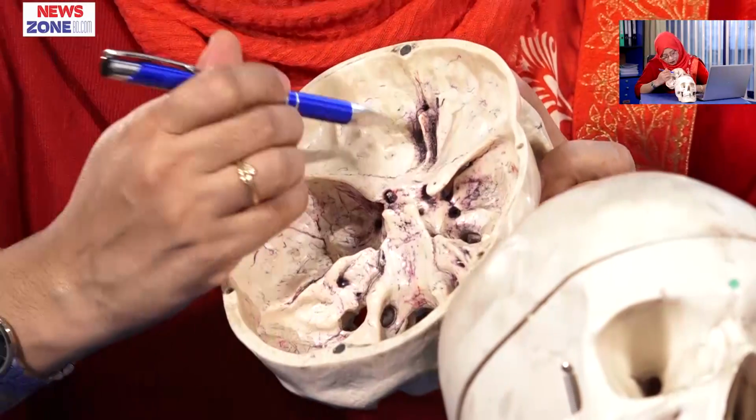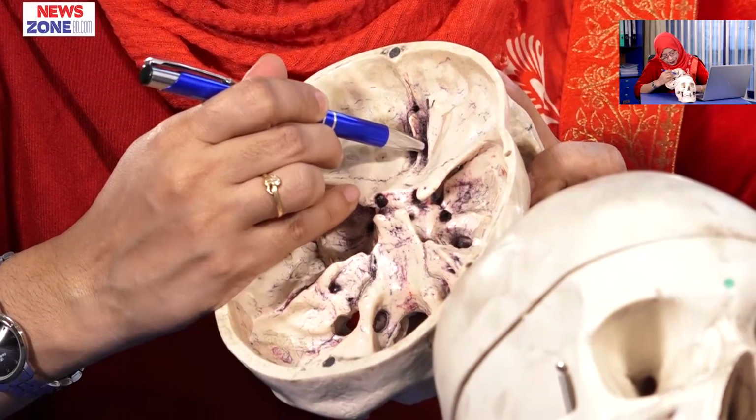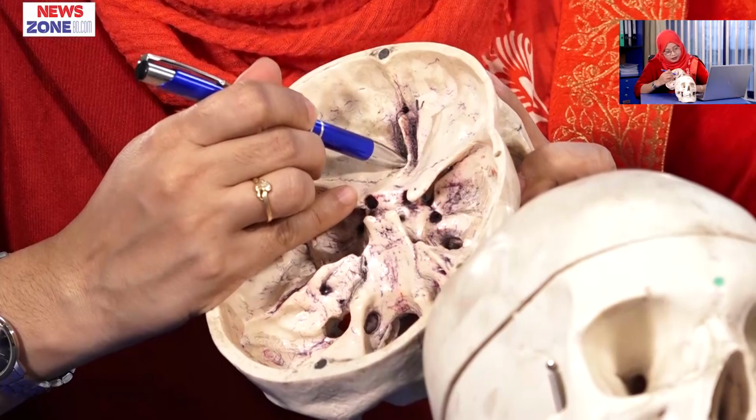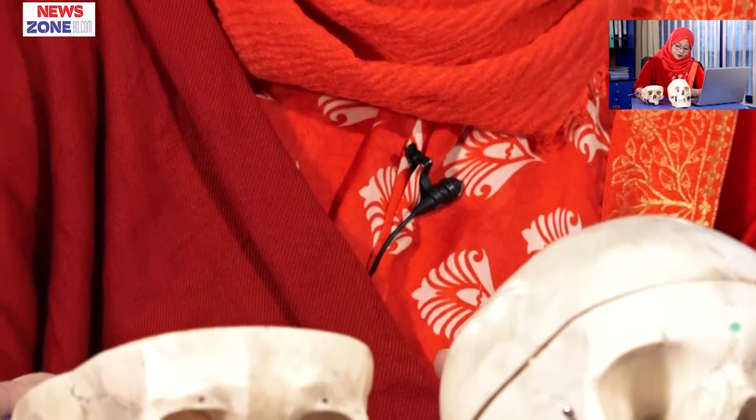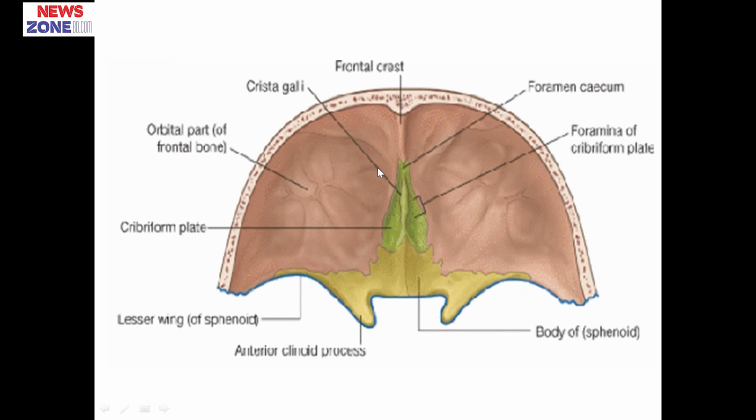And the cribriform plate of the ethmoid bone passes the olfactory nerves. In this figure, we can see this is the foramen cecum and these are the cribriform plate of the ethmoid bone.